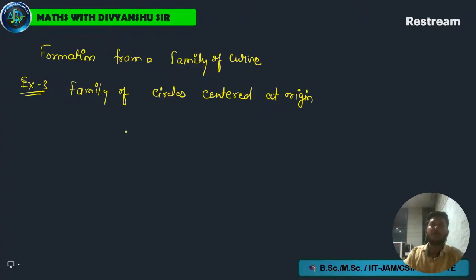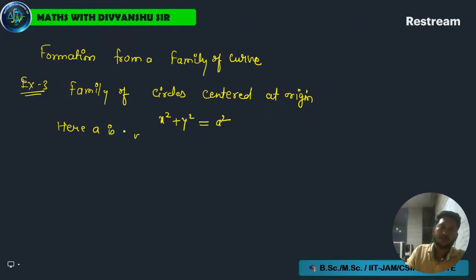If the family of circles is centered at origin, then their equation is x square plus y square equals a square. Here a is the arbitrary constant.